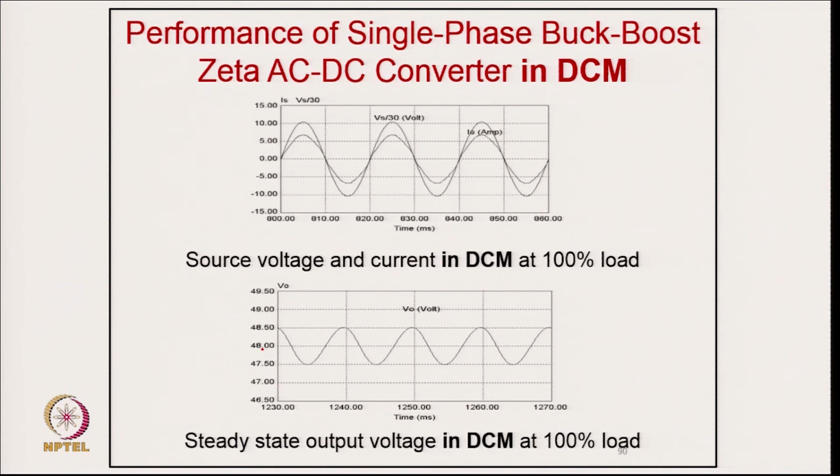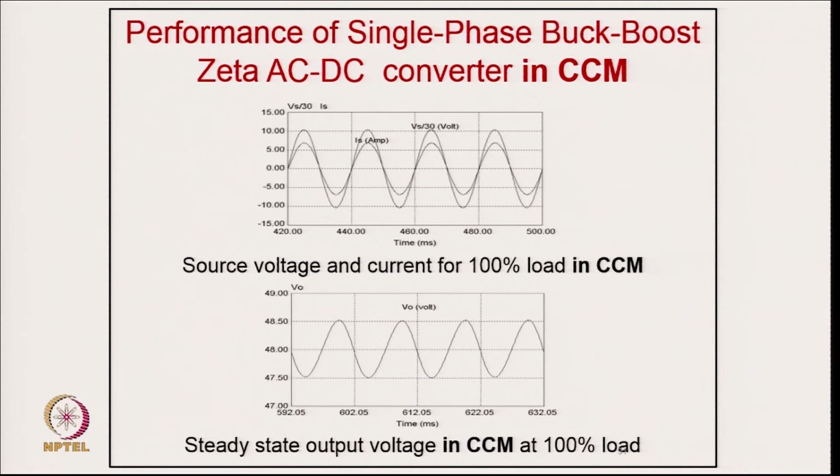This is the performance in DCM: the input voltage and input current are in phase and the output voltage ripple is less than 1 to 2%. And this is of course in CCM, voltage and current, and the output voltage ripple is again hardly more than plus or minus 1%.